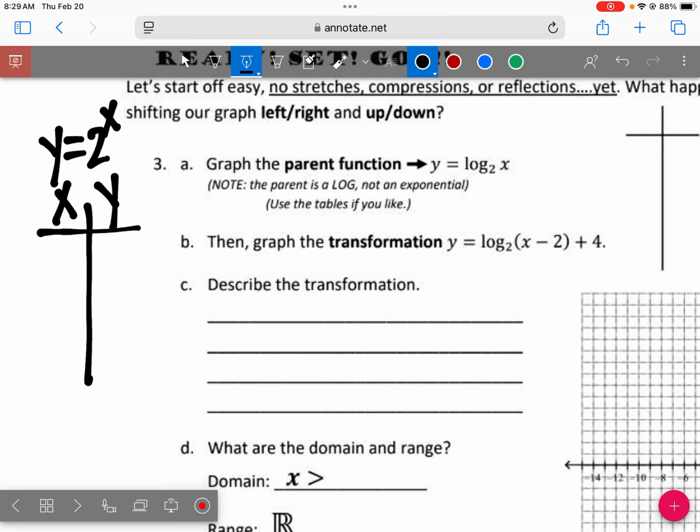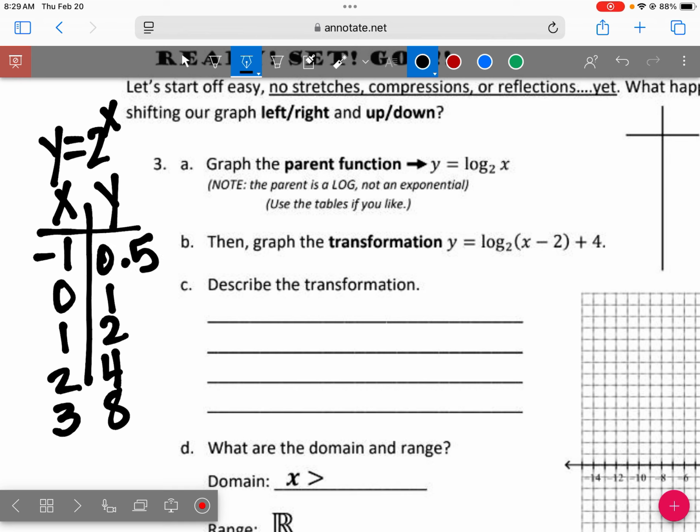We're not going to graph the table, y'all, but we are going to make our table. And I have done this so many times that it goes so fast. Now, we're not going to graph it, though. We don't need to graph it.